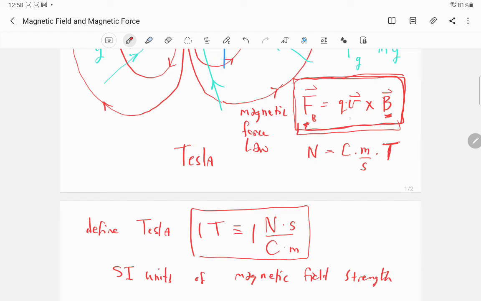And it tells you about the force on a charge Q whose motion is velocity V through magnetic field B, and it's a vector cross product. And that's an important detail, vector cross product.